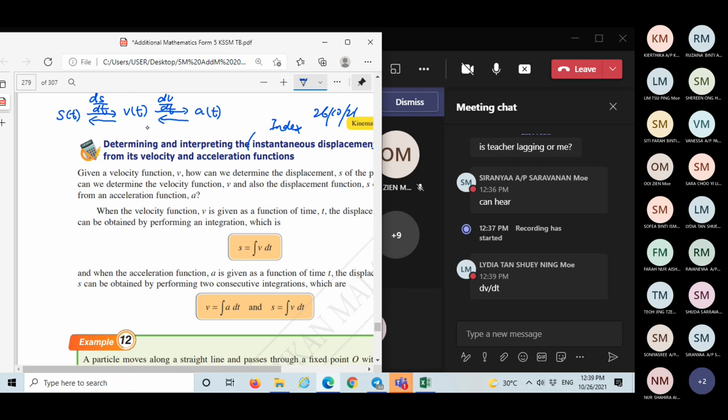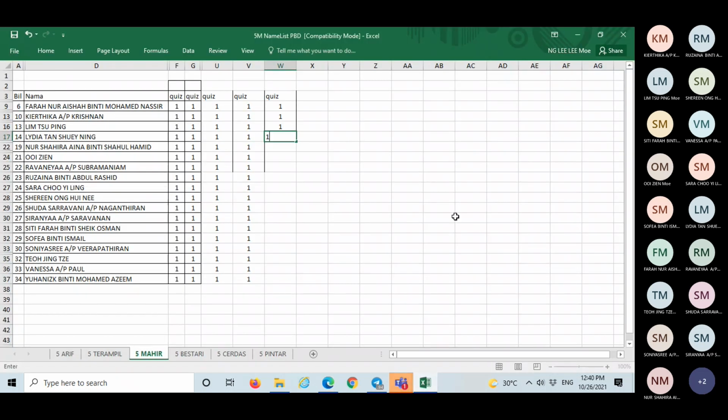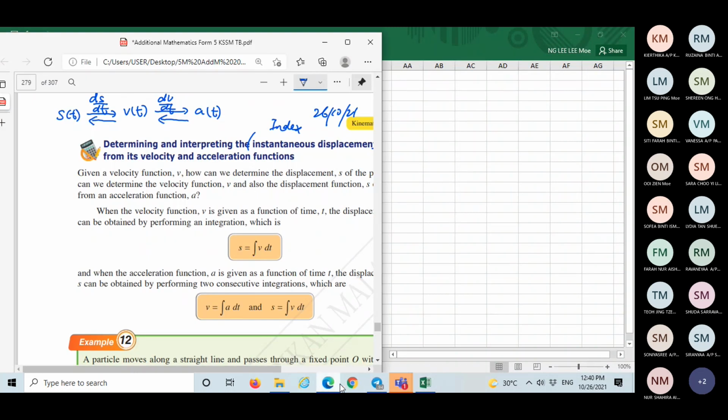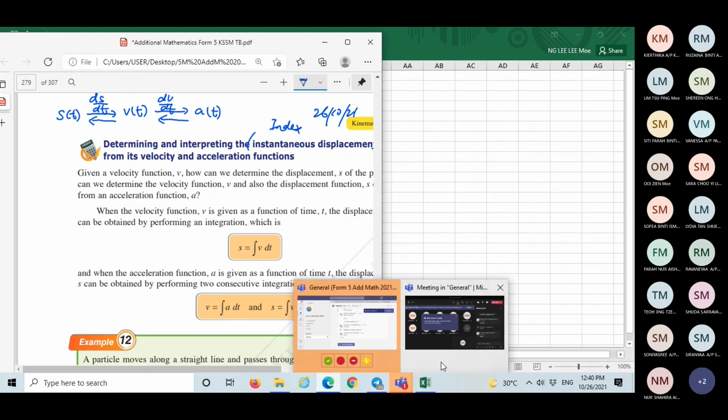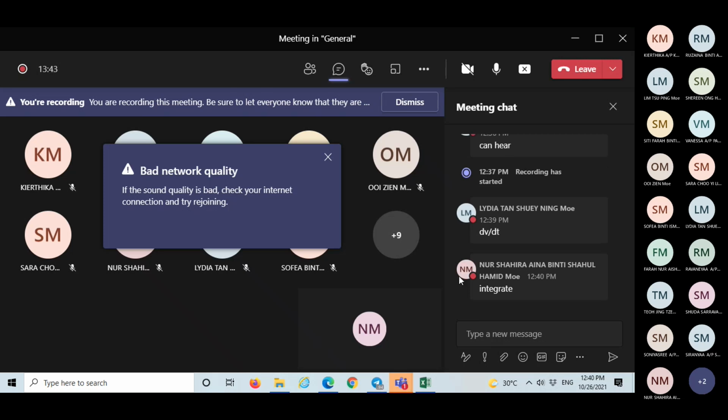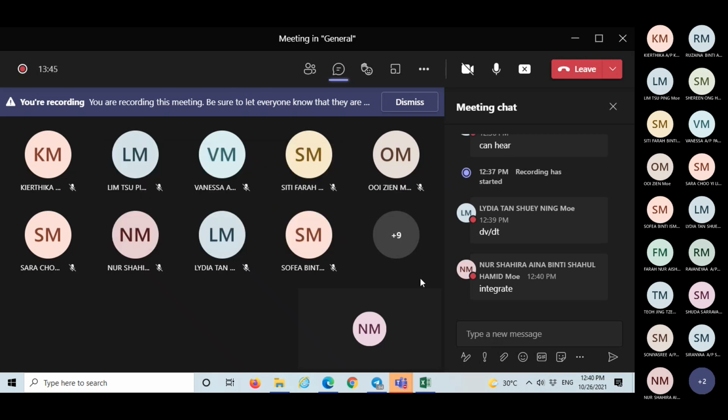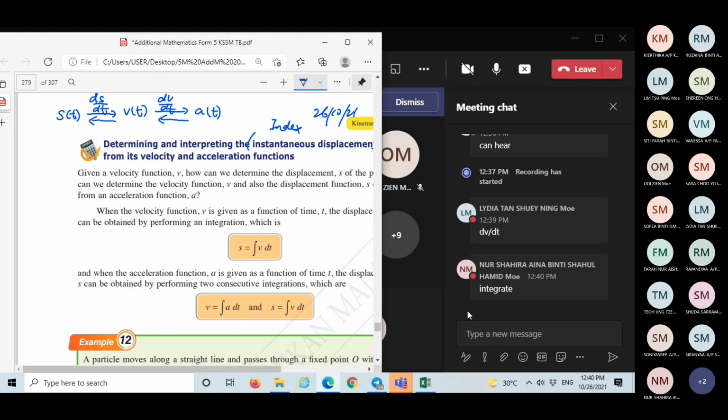How do you get back the V? Who's the next one? Integrate. Integrate what with respect to what? You have to write integrate what with respect to what?